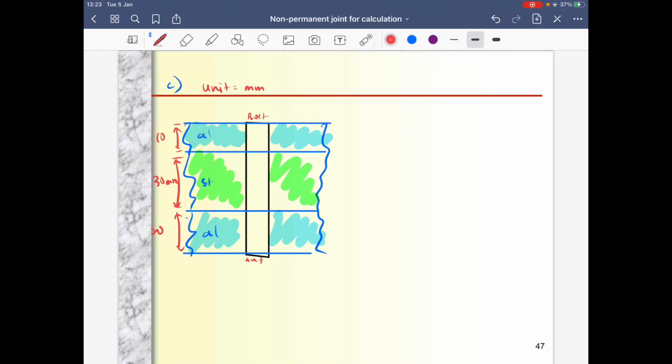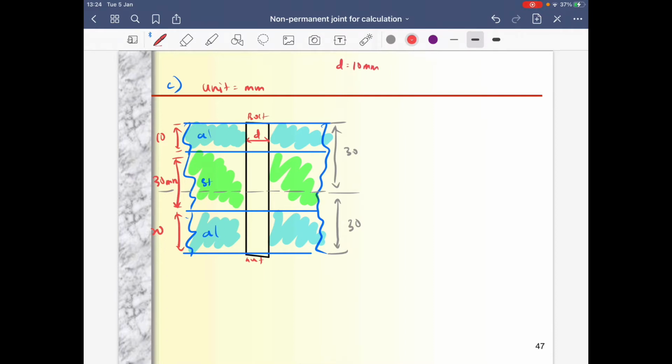You just divide it by 2, then you have 30 here, and 30 mm here also. So to start the conical shape, what you have to know first is this is D, so D is 10 mm.